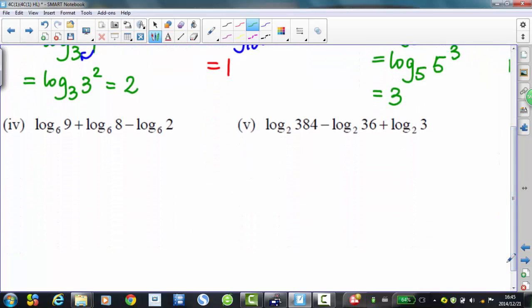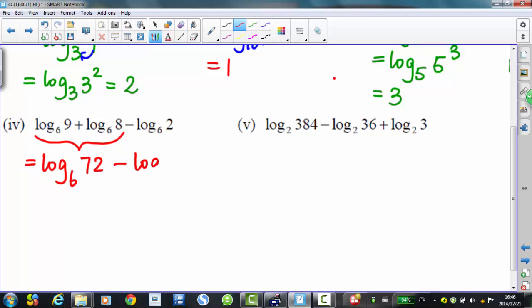Okay, so let's look at number 4. In number 4, we have adding first, then subtraction. And you guys know that with adding and subtraction, we just follow the order they occur. So I will add these two logs up first. Both of them have base 6. I can multiply the arguments, 72.